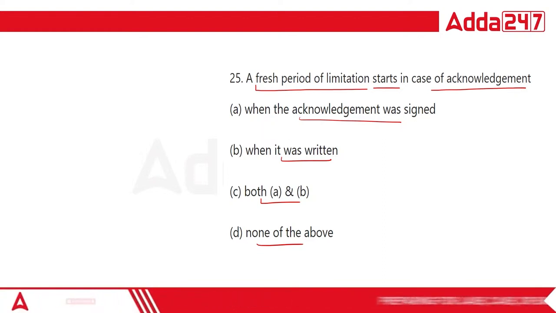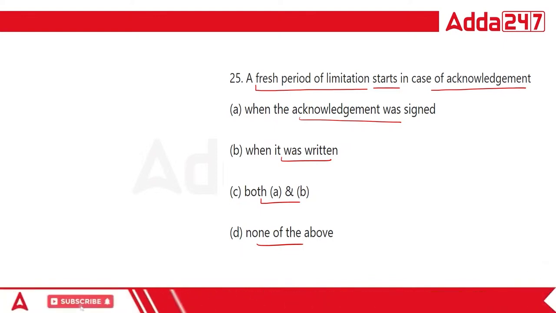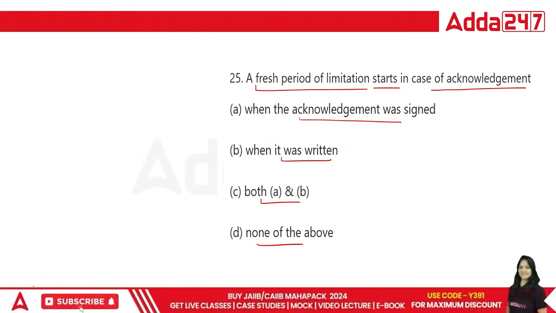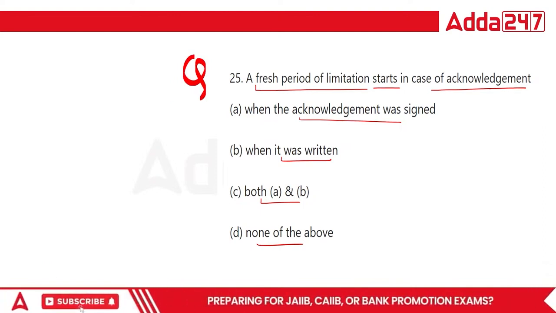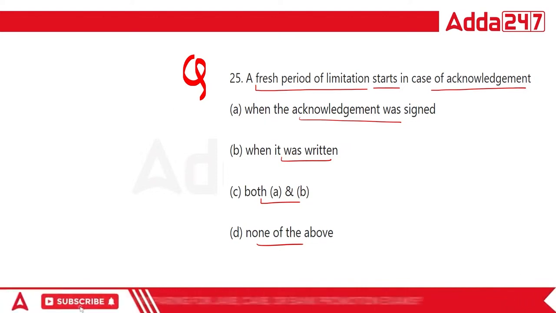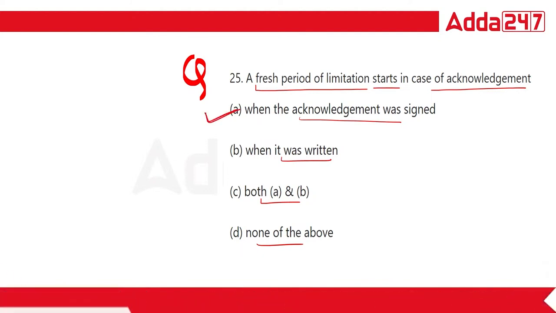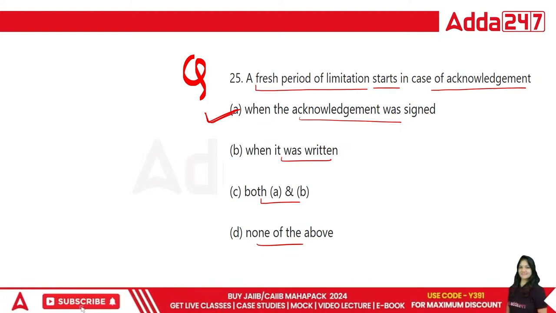In the paid class, we have also read this point, that in the case of acknowledgement and when the payment was made, the fresh period of limitation starts. So for this question, class, the fresh period of limitation will start when the acknowledgement was signed. So A will be the right answer.